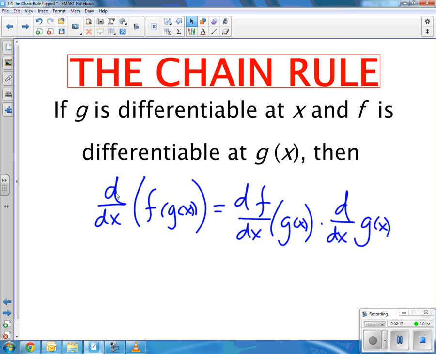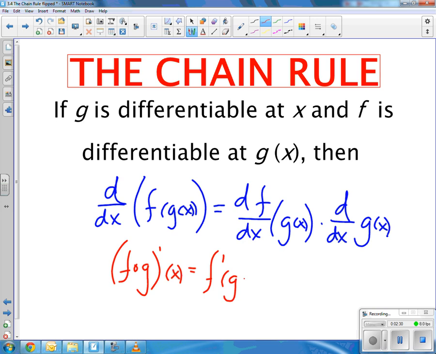All right, so let's use a different notation here. So we have a composition f of g, which we're going to find the derivative. So (f of g) prime of x equals f prime of g of x times g prime of x. All right, so get those copied down.